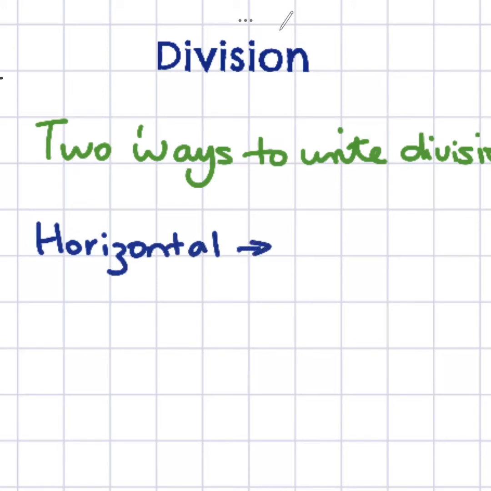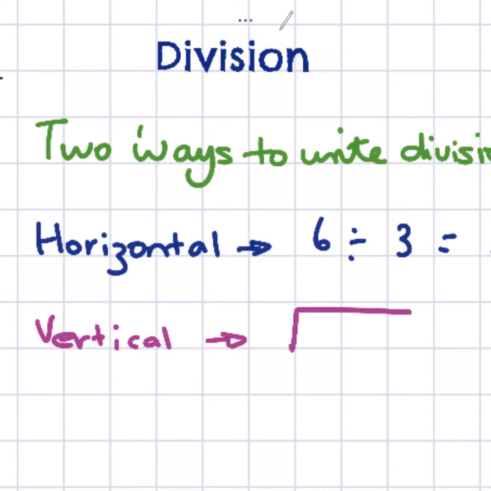Let's look at that sum again. It would look like this. The other way to write it is vertically, and that looks like this. Same sum, just written differently. There's your divisor, and your quotient is 2.